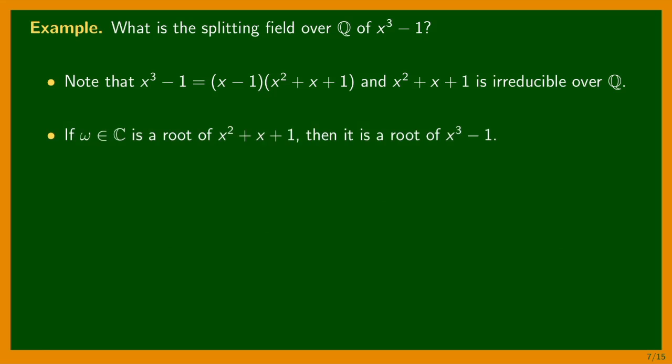Alam natin, no, na meron niyang root in some extension. And by the fundamental theorem of algebra, alam natin na hindi lalagpas yun sa C. Lahat ng polynomial nagsasolve sa C kasi. Diba? So, if omega is a complex root of x squared plus x plus 1, then it is also a root of x cubed minus 1, right?